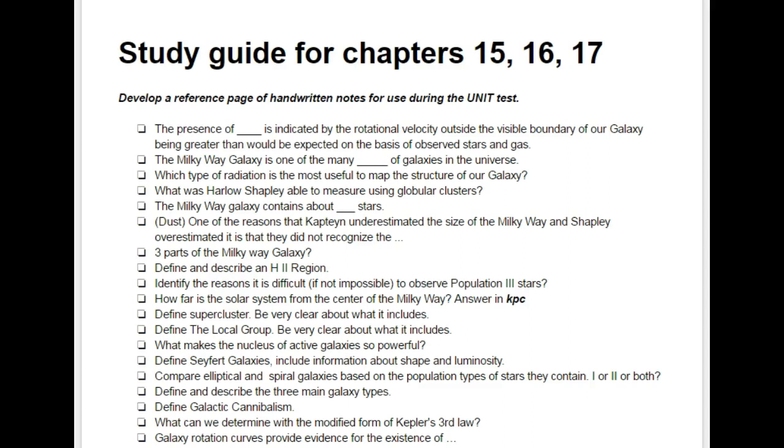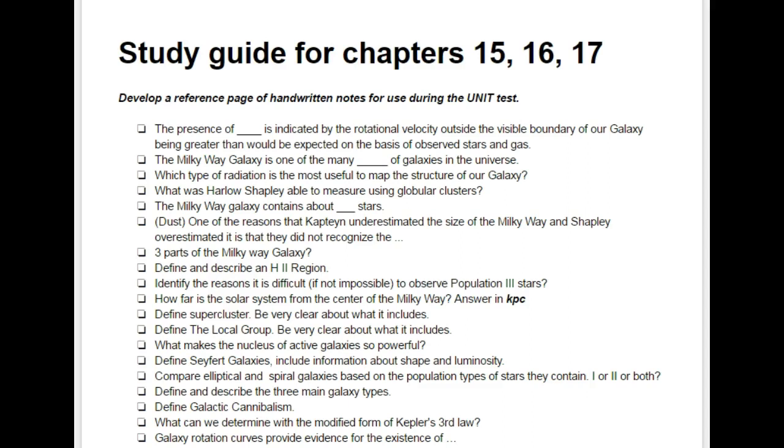Comparing elliptical and spiral galaxies based on the population types of stars they contain. Do they contain type 1 or type 2 or both? So elliptical galaxies contain mostly population 2 stars, while spiral galaxies contain both population 1 and population 2 stars.